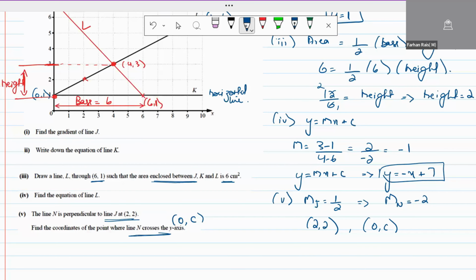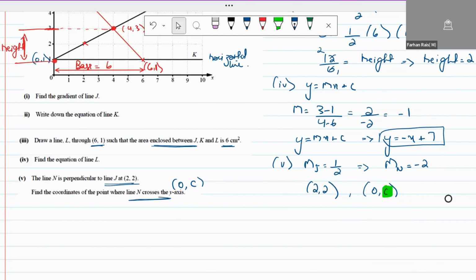So we just need to find this c, the only missing y coordinate. We'll use the gradient formula, y2 minus y1 upon x2 minus x1.